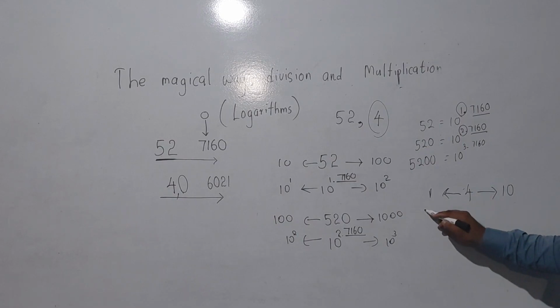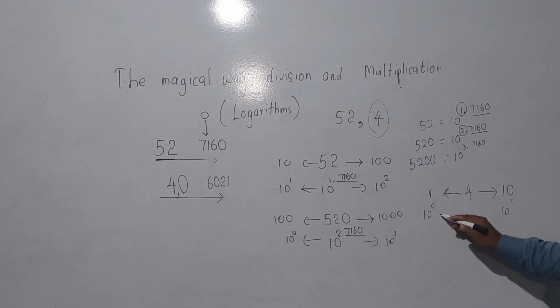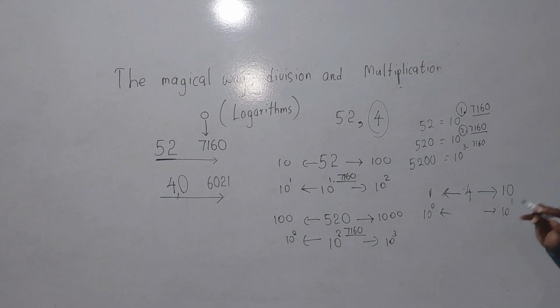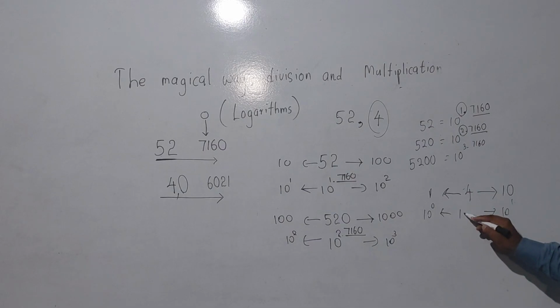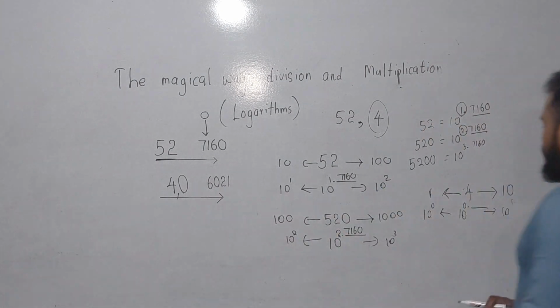We identify 1 as 10 to the power 0 and 10 as 10 to the power 1. So the log value of 4, or the indices value of 4, is 10 to the power 0 point some value. That some value is what? This 6021.